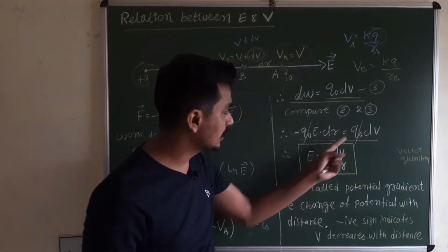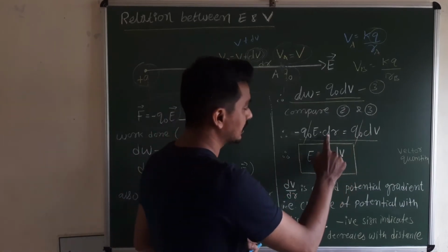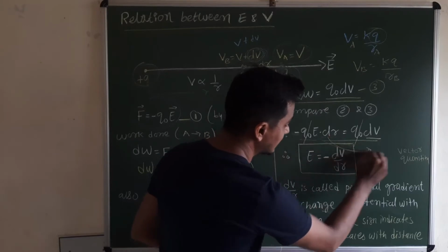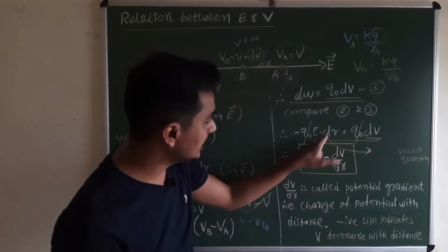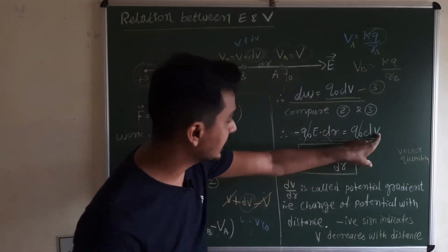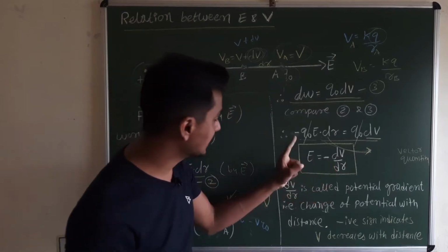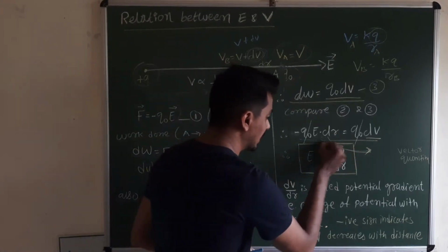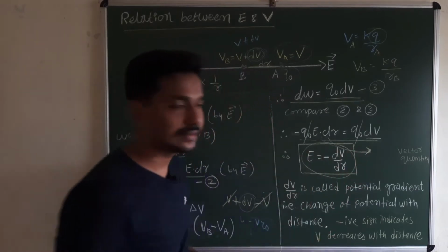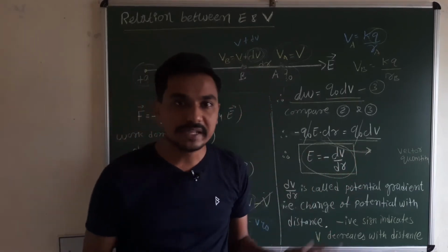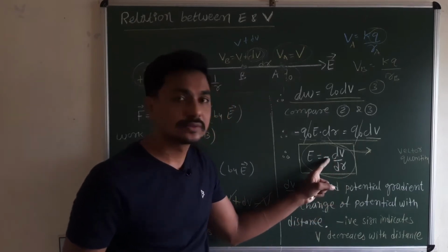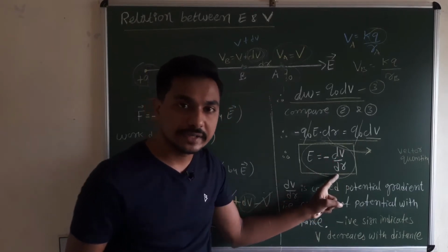So E is equal to minus dV by dr. Means electric field is equal to the negative of the potential gradient.